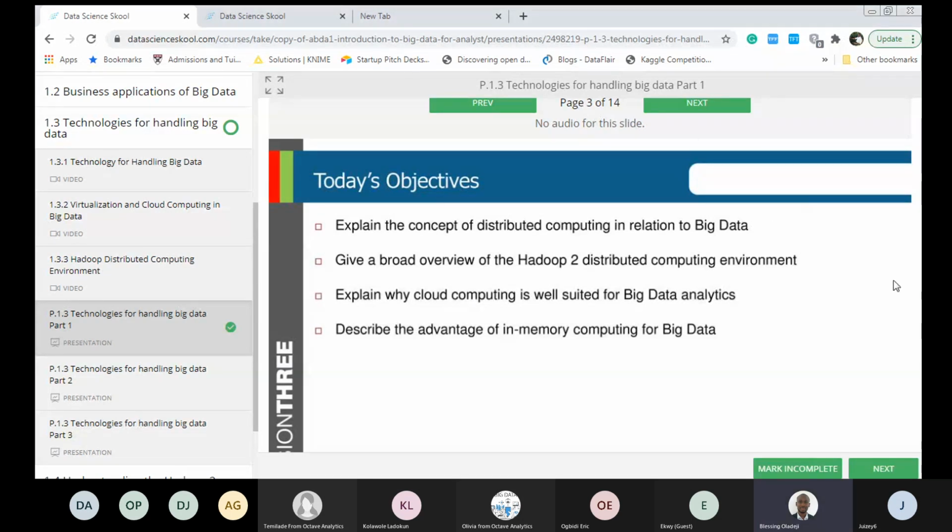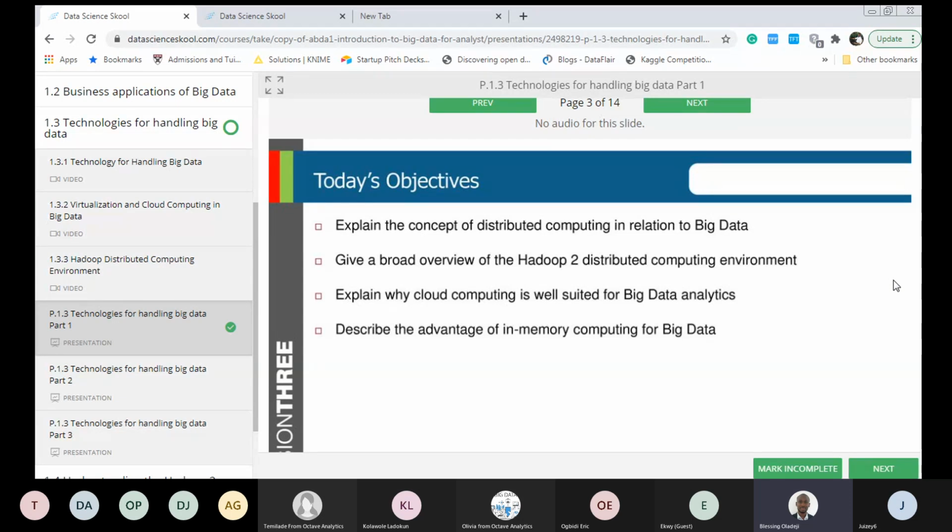We are going to be talking about distributed computing, the Hadoop distributed computing environment, the Hadoop architecture, and the Hadoop framework. We will also be talking about cloud computing and what cloud computing is good for, and why cloud computing is good for big data analytics.